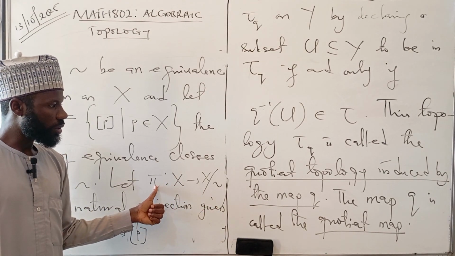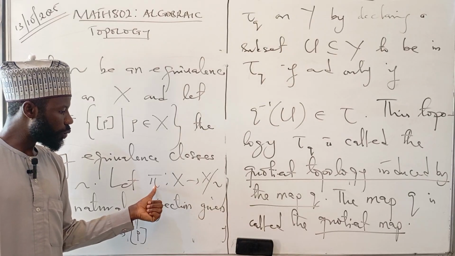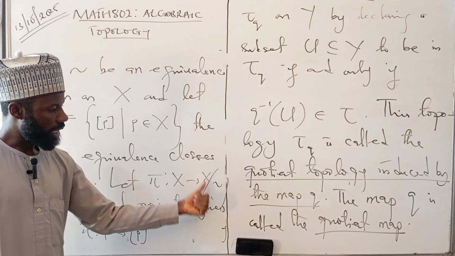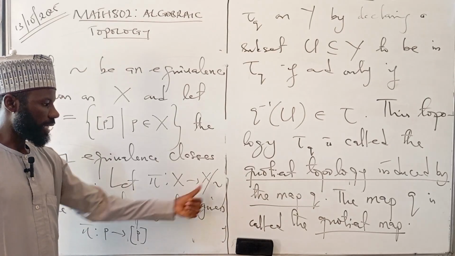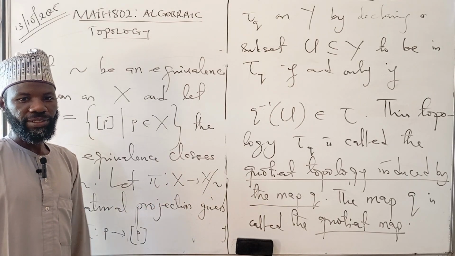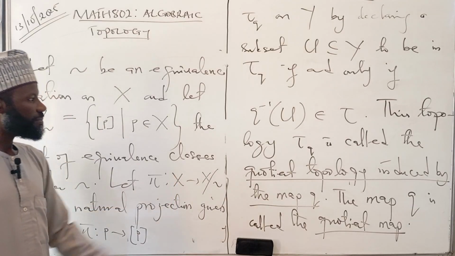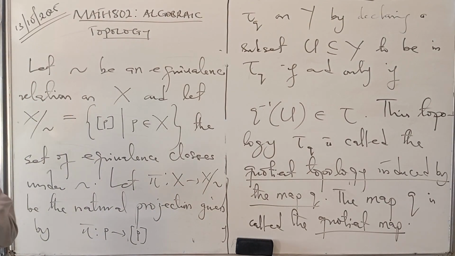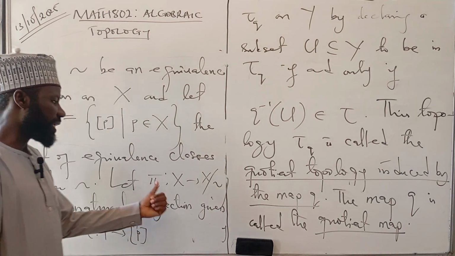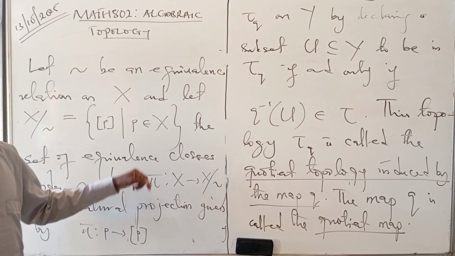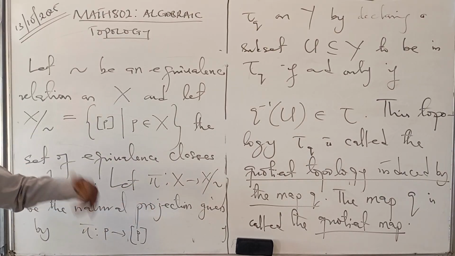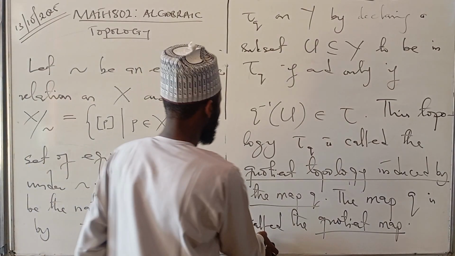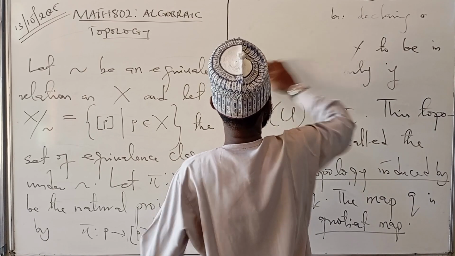So can't we use the quotient topology induced by phi to make this one into a topological space? You can do that. So that space will be called the quotient of X, induced by what? Induced by phi, but what induced the phi? Originally, it is the equivalence relation that gave rise to the phi. So you go back to the originality. So you can always do that.